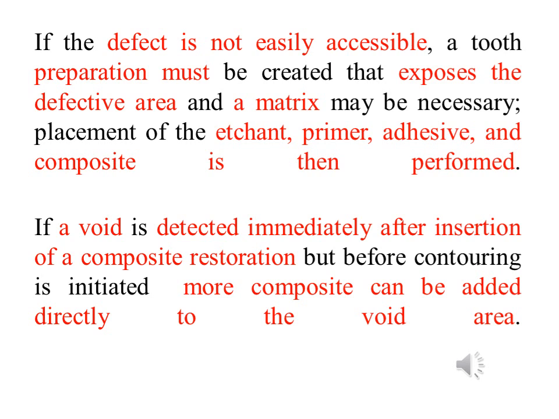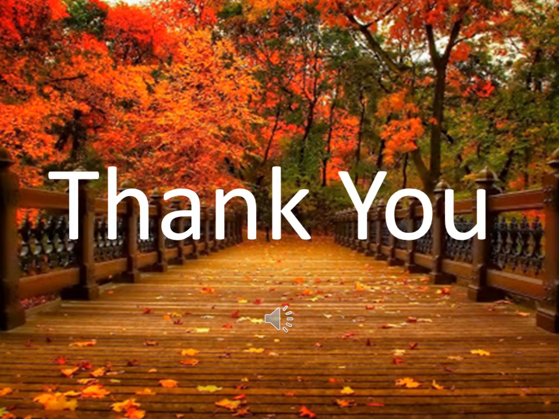But if a void is detected immediately after insertion of the composite restoration, before contouring, finishing, and polishing are initiated, more composite can be added directly to the void areas and then finishing and polishing continue. Thank you for your listening.